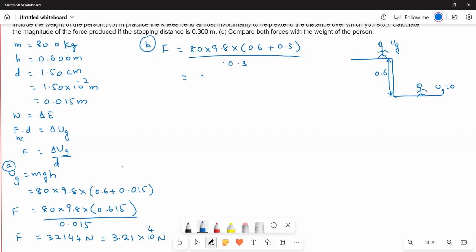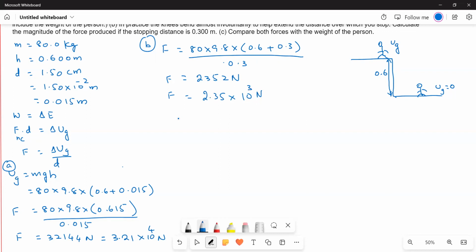This gives a value of 2352 newtons, or F is equal to 2.35 times 10 to the power of 3 newtons.